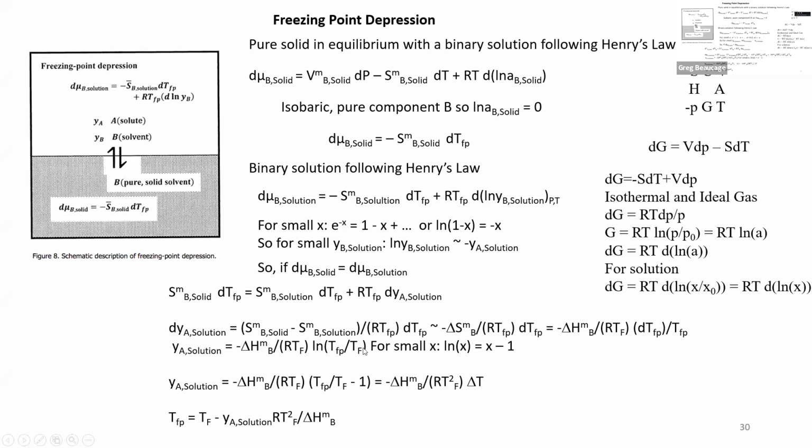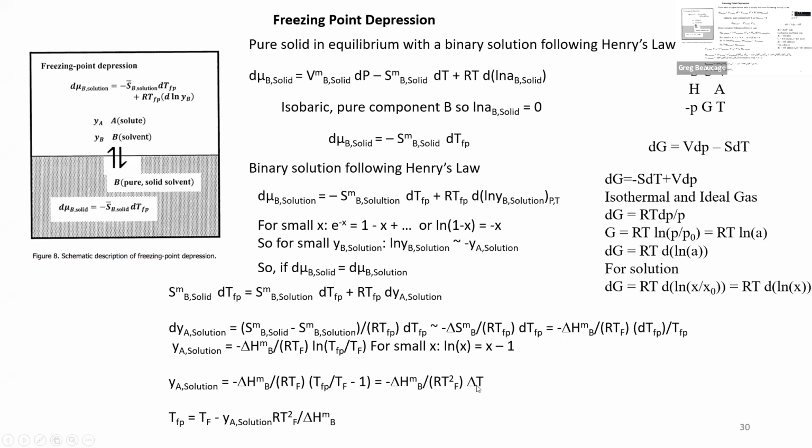If you integrate it, you're going to get ln of the T ratio, the prefactor is delta H over R. And then you use the same thing, T freezing point over that. So if you're close to the freezing point, then that number is small. And then you can expand that log term to x minus 1. Then you can get this thing to be T_fp over T minus 1.